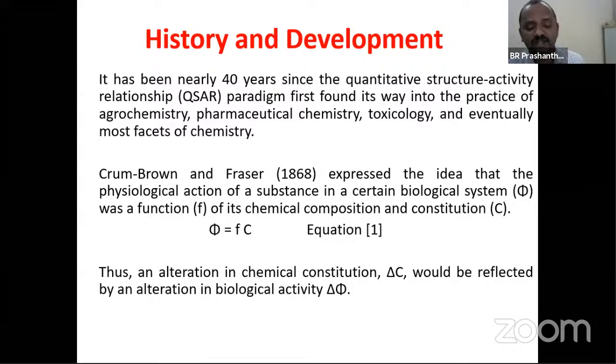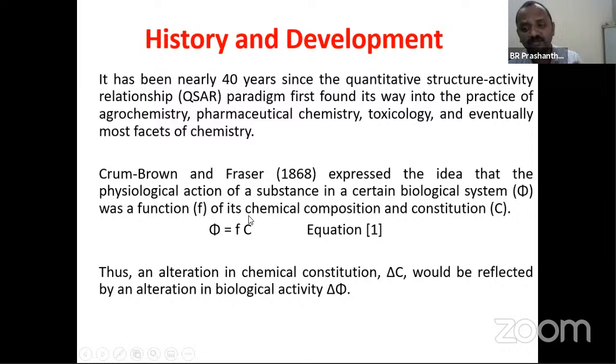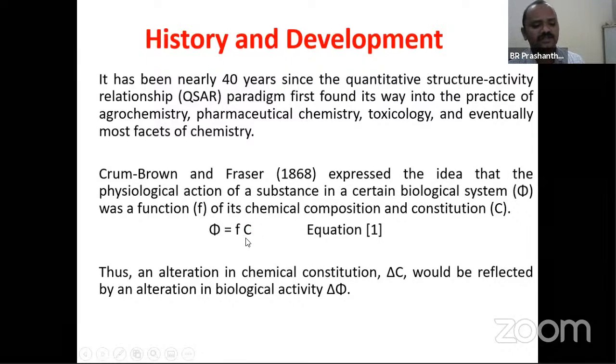This is what we do even now in QSAR, 2D QSAR or 3D QSAR. It was given in the 19th century itself by Crum-Brown and Fraser in a very simple way. Thus, an alteration in the chemical constitution, we can alter this C and make it C with alterations, there will be alterations in the biological activity.